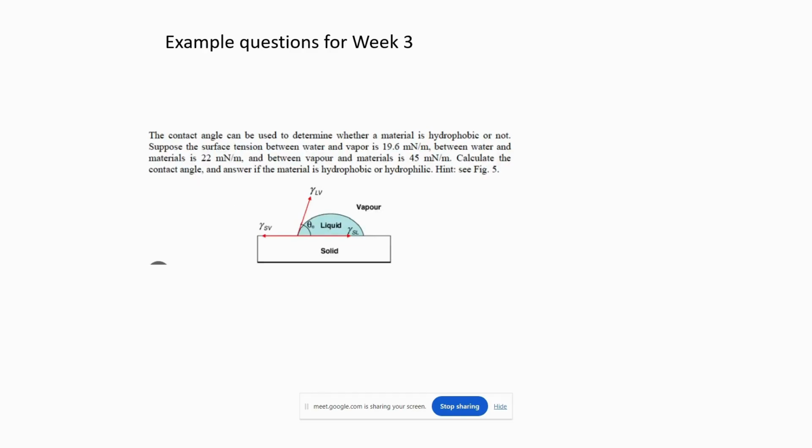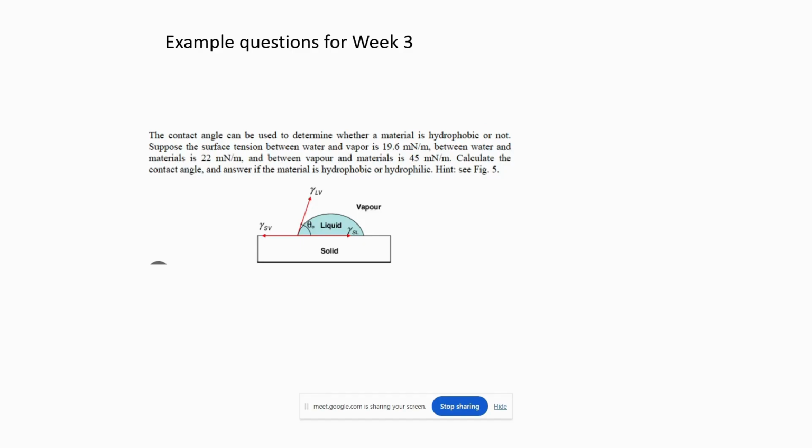And here is our last question. The contact angle can be used to determine whether a material is hydrophobic or not. Suppose the surface tension between the water and vapor is 19.6 millinewton per meter, between water and material is 22, and between vapor and material is 45.